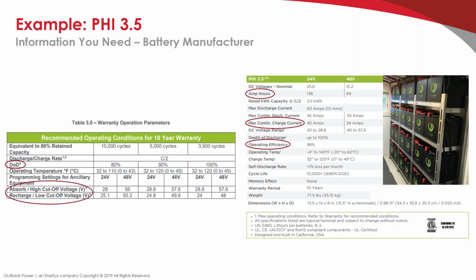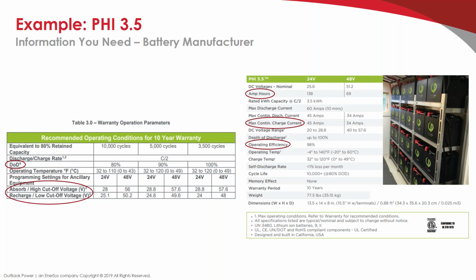And finally, the specifications that I have circled here are going to be directly applicable to programming the inverter or charge controller. However, I do want to point out that all of this information is pertinent to your installation. So we'll just pick on operating temperature, because for lithium, that's a really big deal.